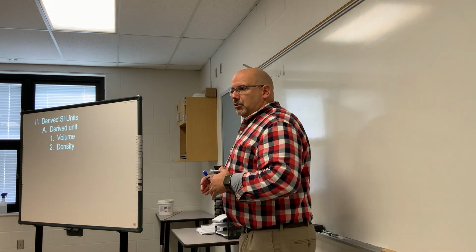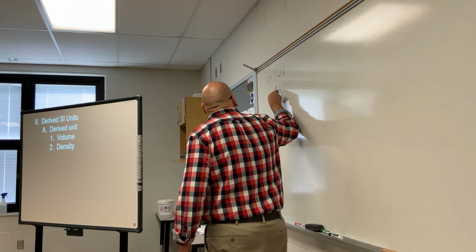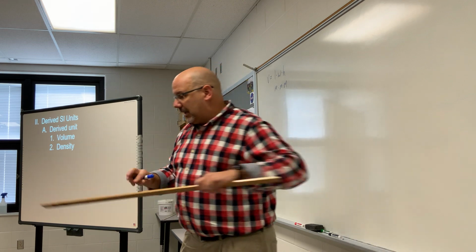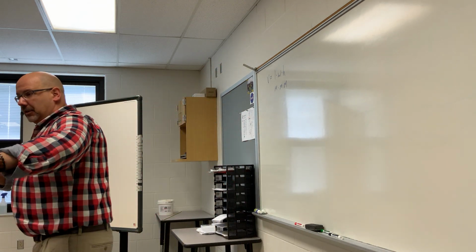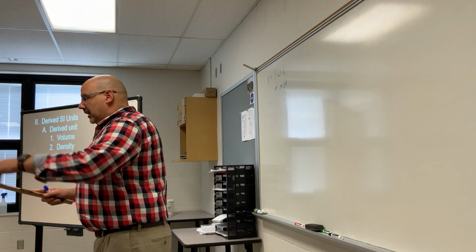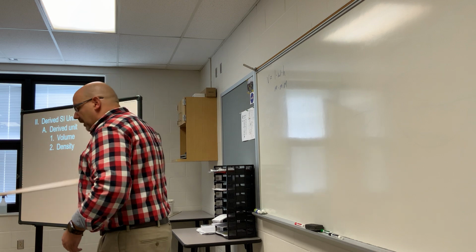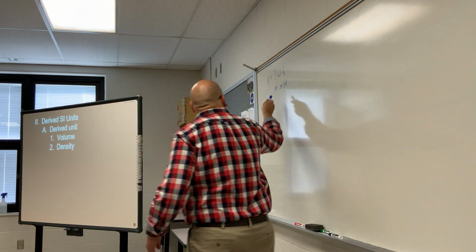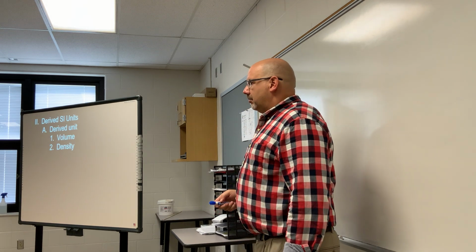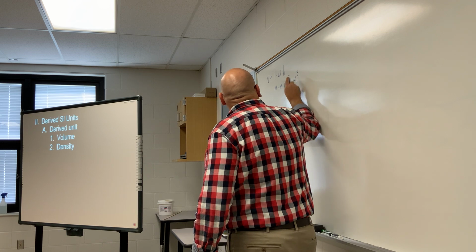If you're measuring in meters, let's say a meter times a meter times a meter. If I'm measuring the volume of my table here, I'll be measuring the length, the width, and the height. All I'm doing is measuring a length in three different directions. Okay? But when I take the unit meter times a meter times a meter, what happens to that unit? It's cubed. So the unit of this is a meter cubed.